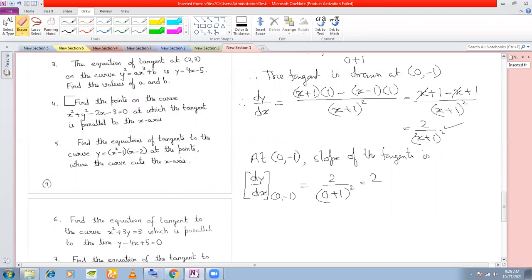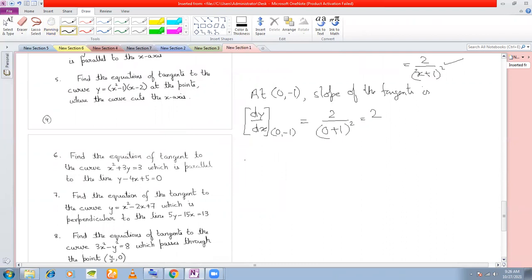Hence, what is the equation of the tangent? The equation of the tangent to the curve 1 at the point x equals 0 is y minus y1.